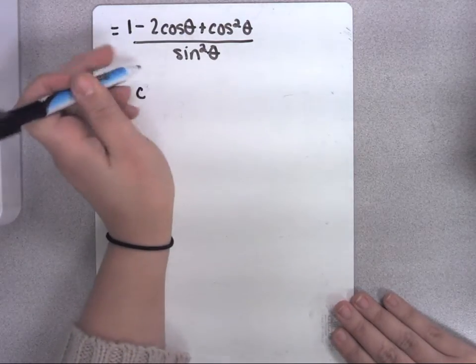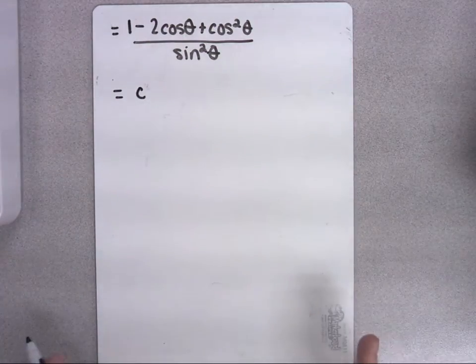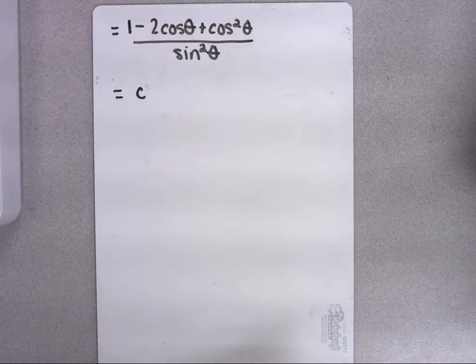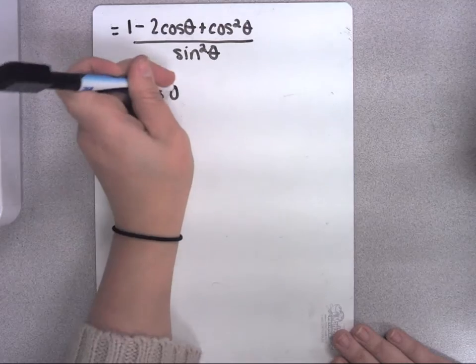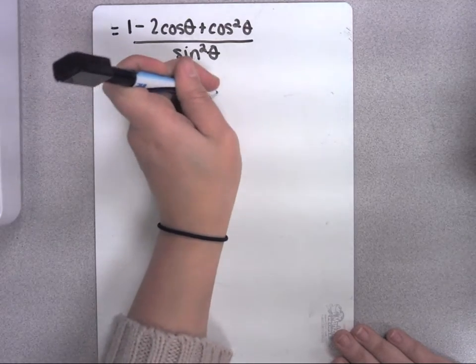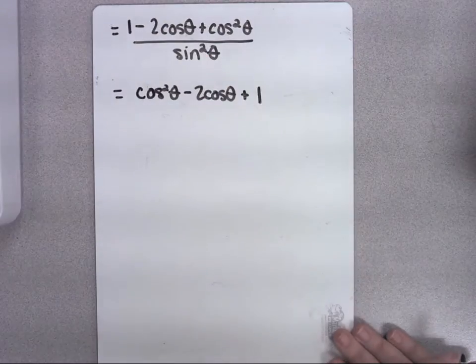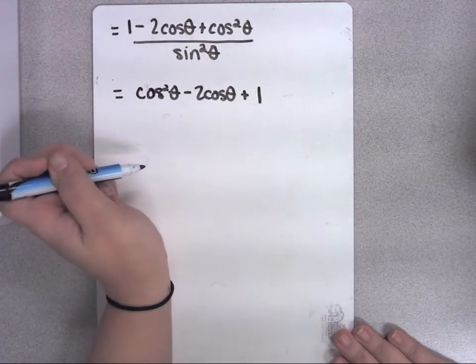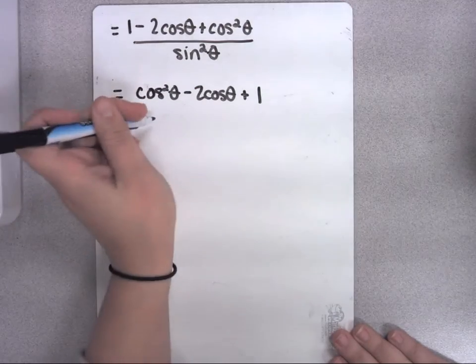I'm just going to flip it around so it goes in order by power. So the squared first, then the cosine, then no cosine. You get what I'm saying? I'm just putting them in order by power on the top. So cosine squared theta minus 2 cosine theta plus 1. I had to think about what the sign was. Okay. Now I'm not even going to put over sine squared. I'm going to show you something. This is just like having this.